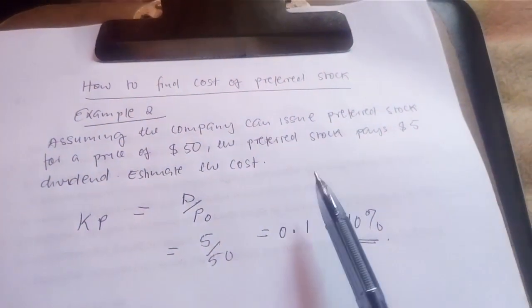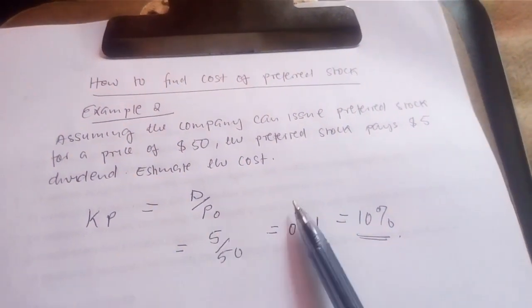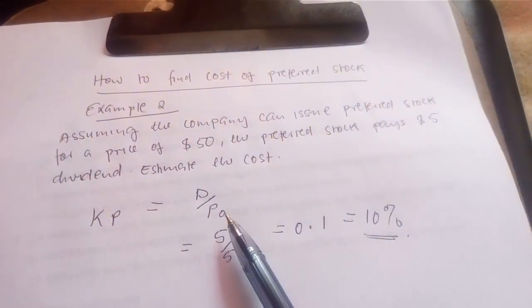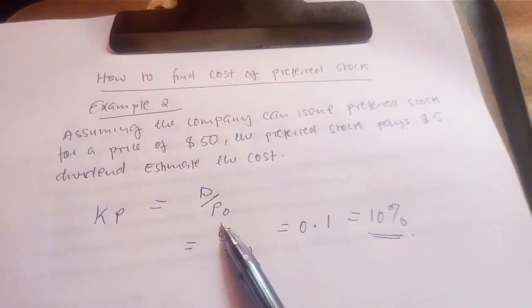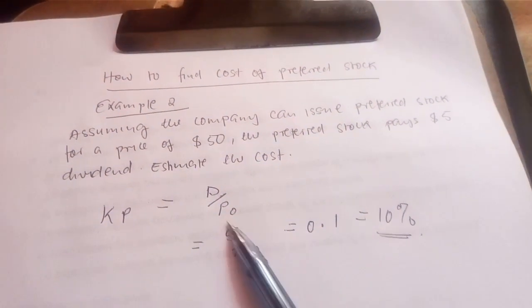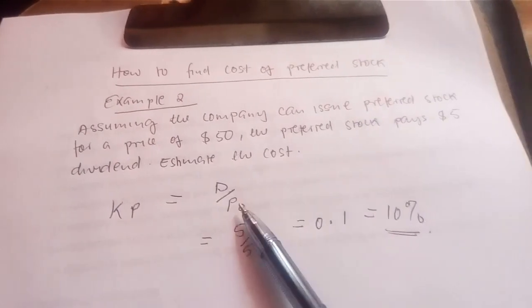However, in some instances, when preferred stocks are issued for the first time, usually there is a charge which we refer to as the flotation cost. So flotation cost in this case will refer to all the costs involved in bringing the stock on the market.